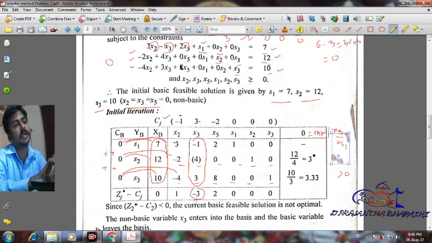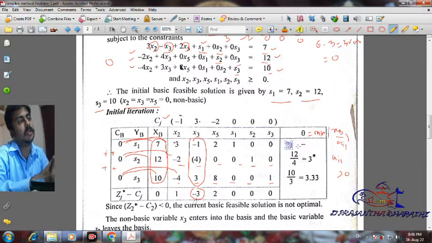Here we cannot write 7 divided by minus 1, because here in the denominator we are having a negative, so it is not possible.